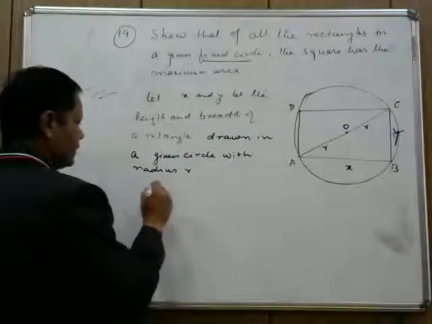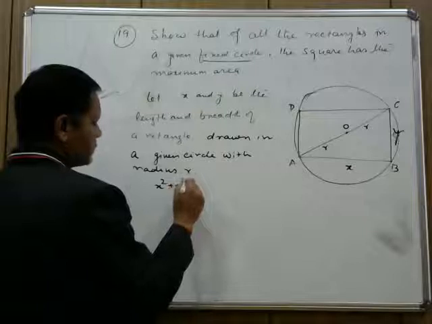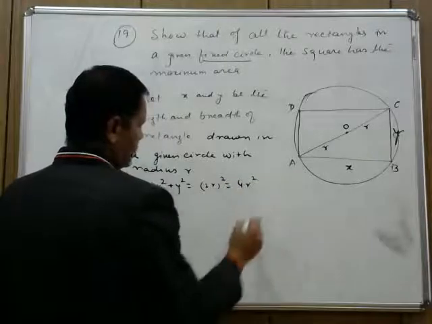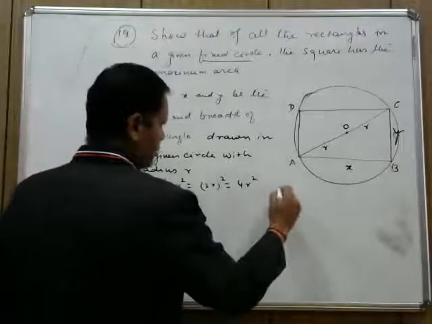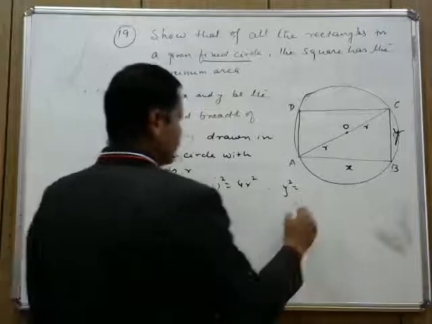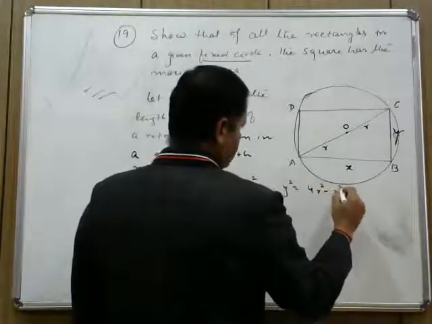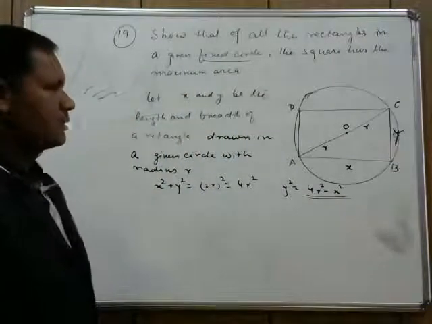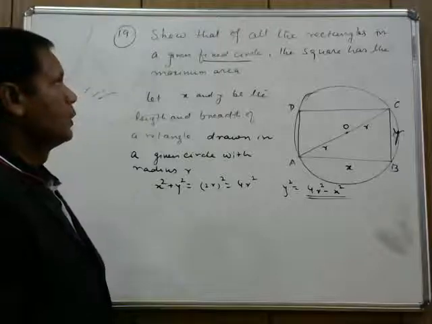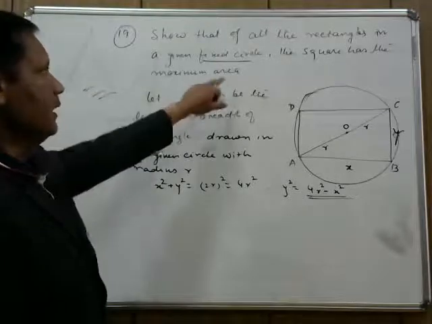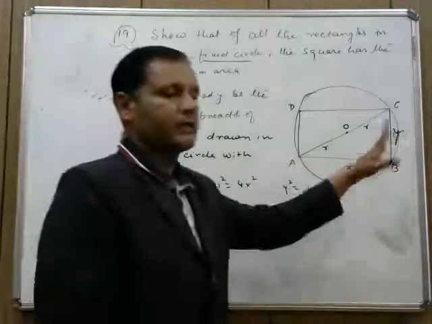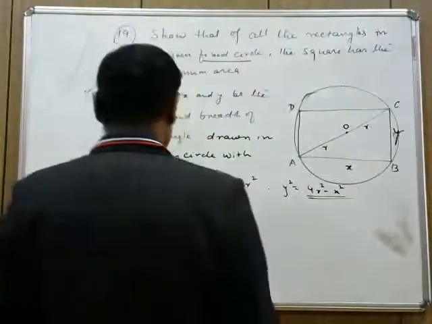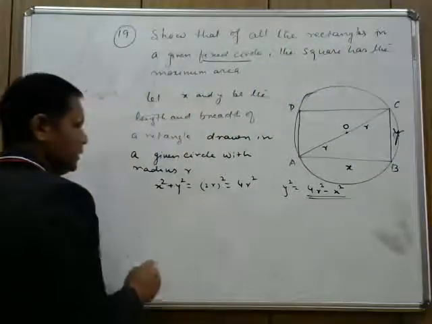Therefore, now we can write, we have x square plus y square is equal to 2r whole square, and that is equal to 4r square. Therefore, I can write y square is equal to 4r square minus x square, and that is y is equal to under root 4r square minus x square. Now, what we have to maximize or minimize? Area. Area of what? Area of rectangle. The formula for area of rectangle, we know that the area of rectangle is equal to length into breadth, right?